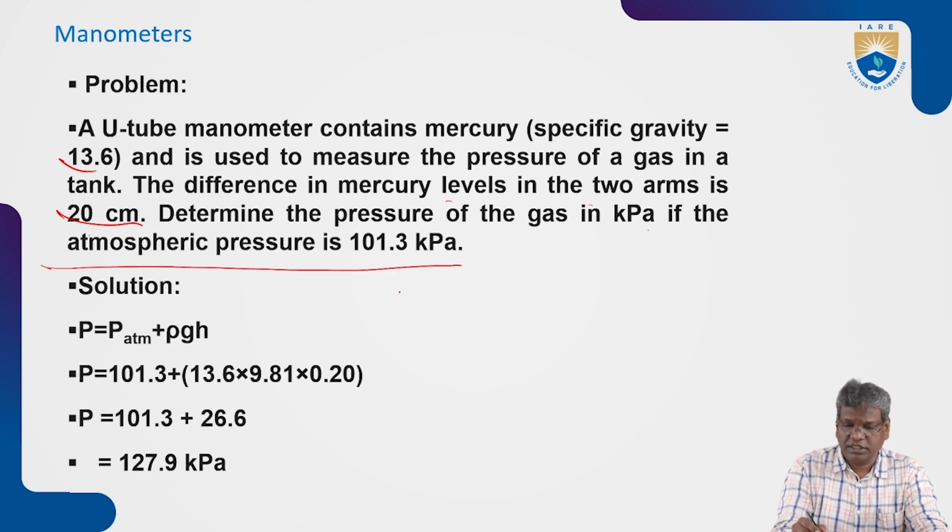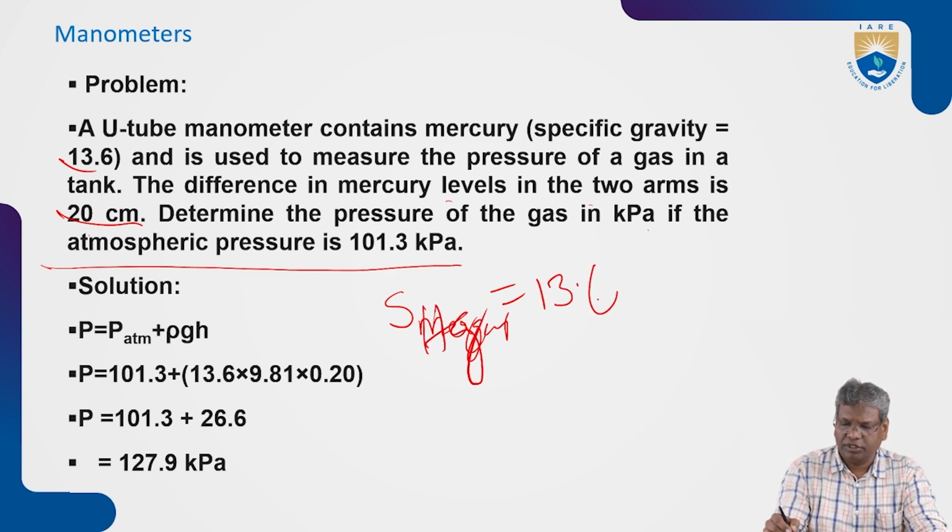Given data: the specific gravity of mercury, S of mercury, equals 13.6. The difference of mercury levels in the two arms is h equal to 20 centimeters.